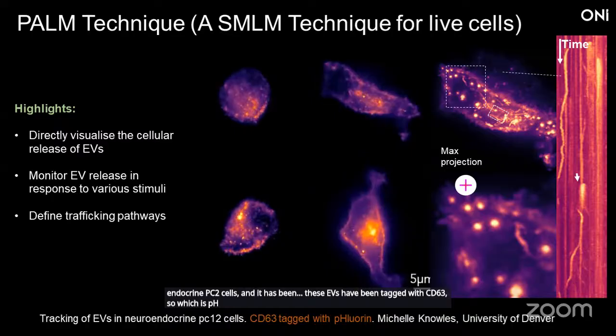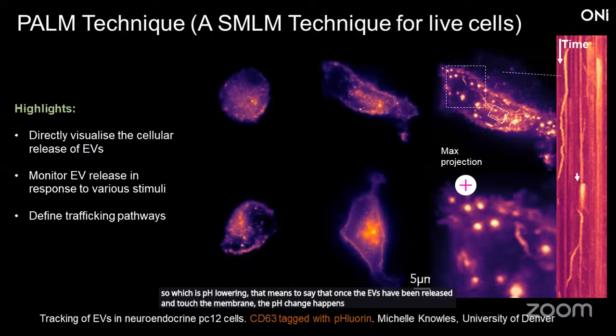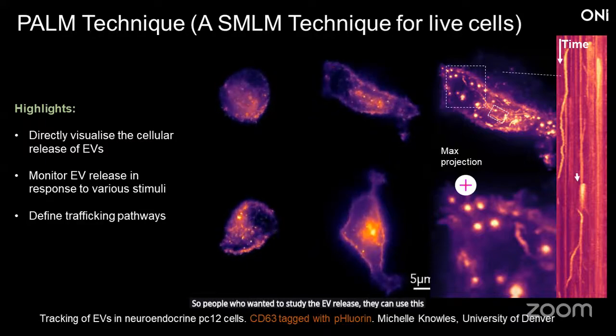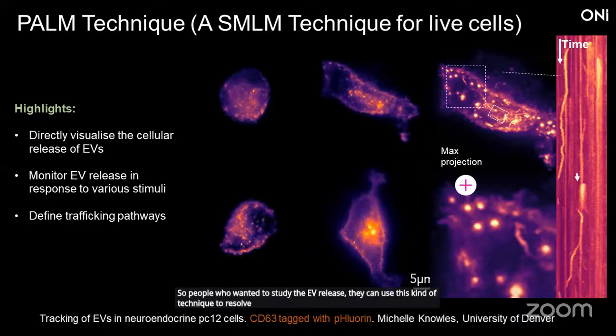That means once the EVs have been released and touch the membrane, the pH change happens, and only then it glows. So people who want to study EV release can use this kind of technique to resolve their questions, and directly visualize the cellular release of EVs.